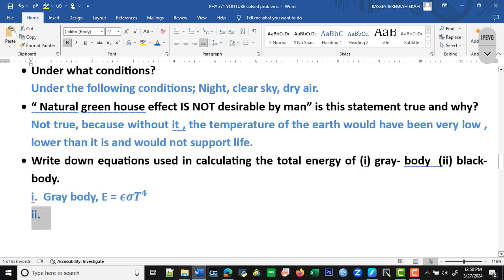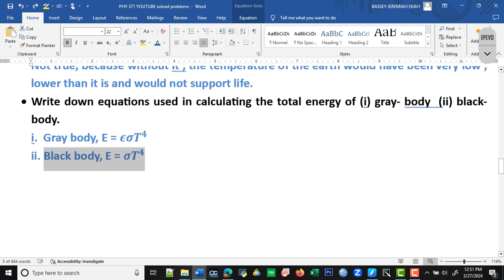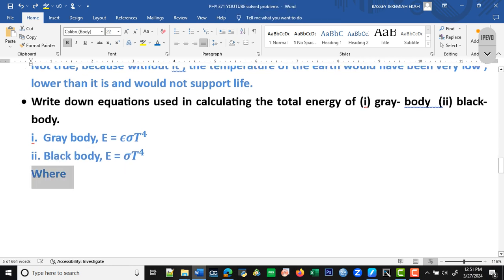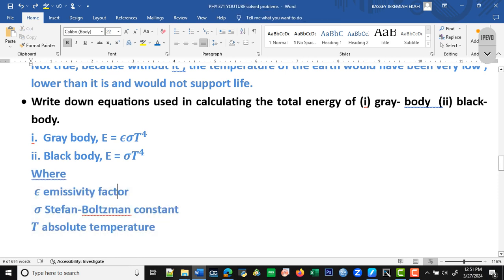We also have the expression for the black body. The first symbol represents the emissivity factor, the next represents the Stefan-Boltzmann constant, and the last one represents absolute temperature.